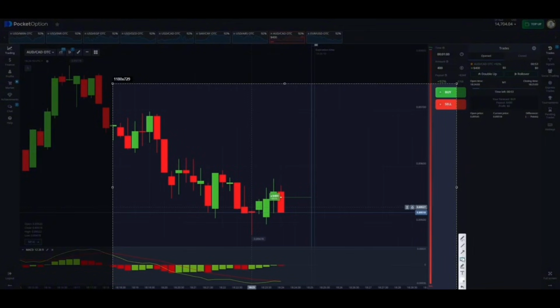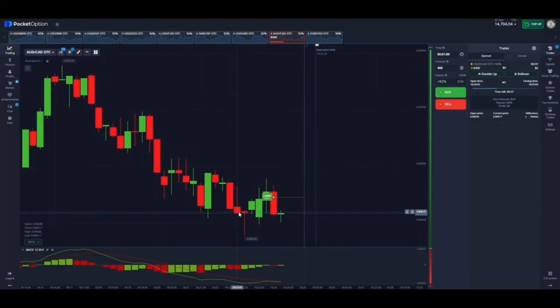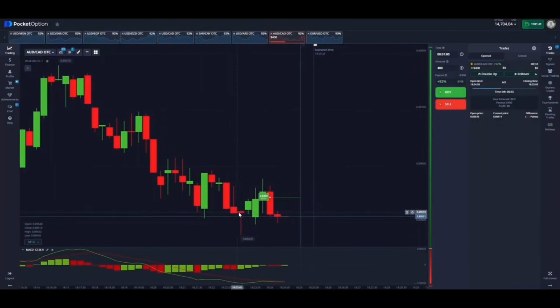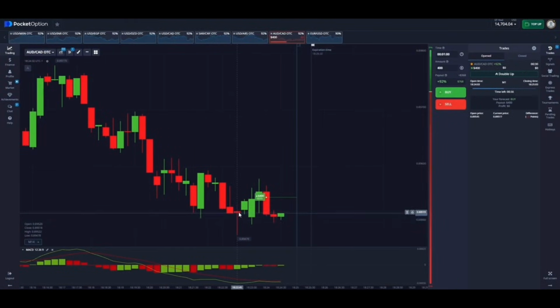I haven't seen a clear crossover of the moving averages yet, but I can draw the conclusion that we've had a long downtrend. The price has been falling for quite a while, and there is bound to be a correction. So now I just have to wait and watch how this trade closes, and then I'll decide whether to continue trading or wrap it up.